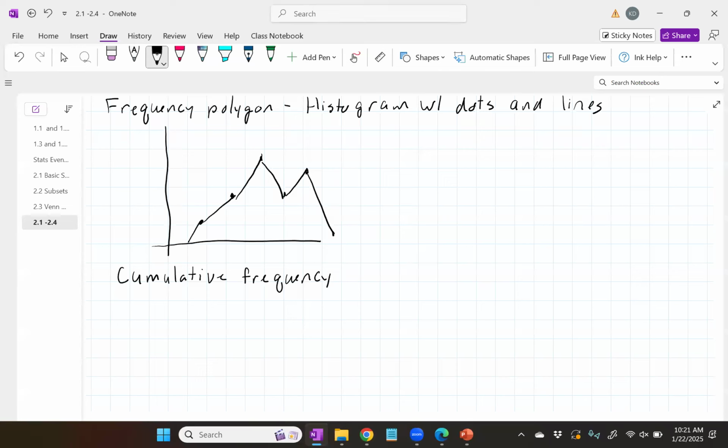We also have something called cumulative frequency. It's a running total.